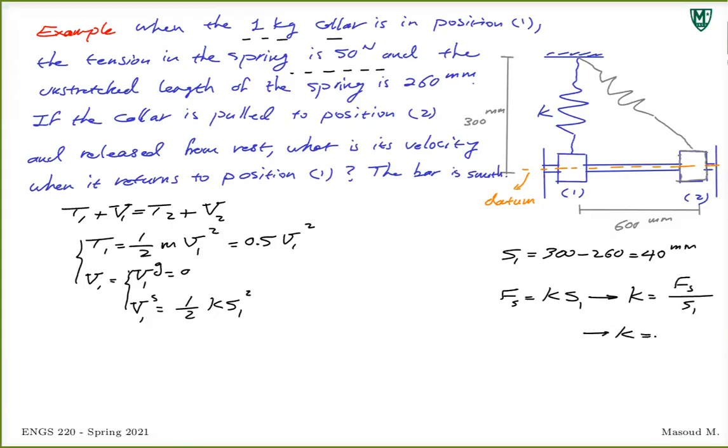Fs is 50, and S1, let's convert that to meters, becomes 0.04 meter. K is equal to 50 divided by 0.04.